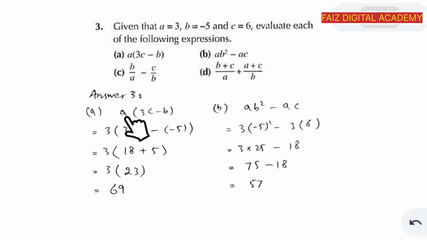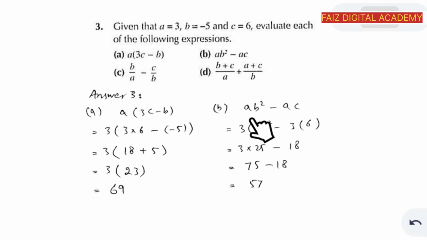So the value of A is 3. Again, the coefficient 3 is written as such, and the value of the variable C is 6, so we write 6 over here, and this minus, and the value of B is minus 5, so this minus minus will be plus. 6 threes are 18, 18 plus 5 is 23, and 23 is multiplied by 3 to get the answer 69.